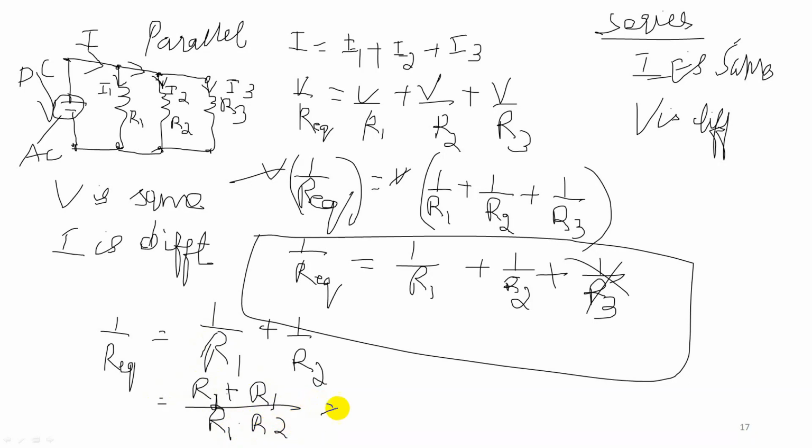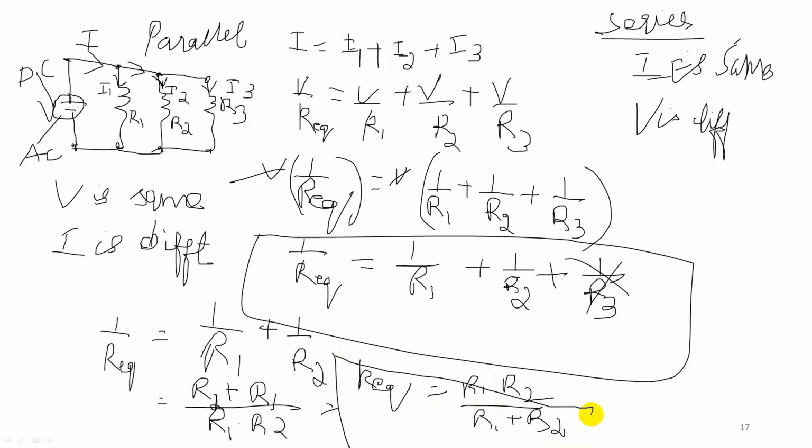Taking the reciprocal, we can write R equivalent will be equal to R1 R2 divided by R1 plus R2. So this is the equivalent resistance when two resistances are connected in parallel. In the next class we'll discuss one problem on this.